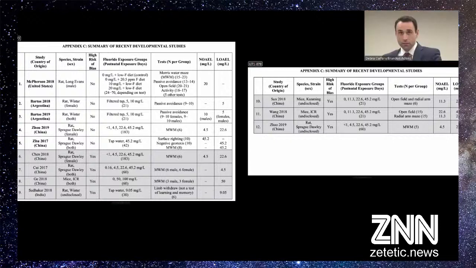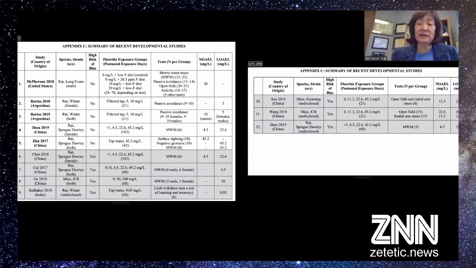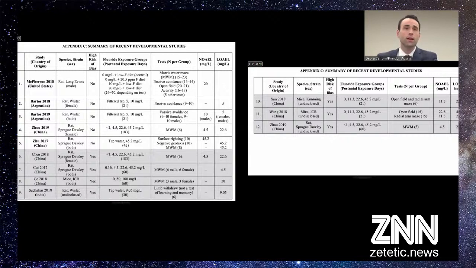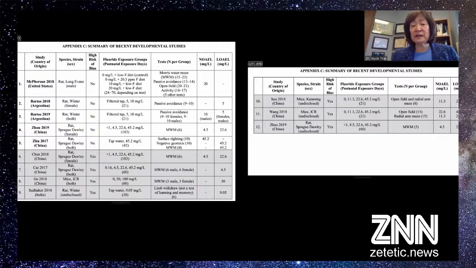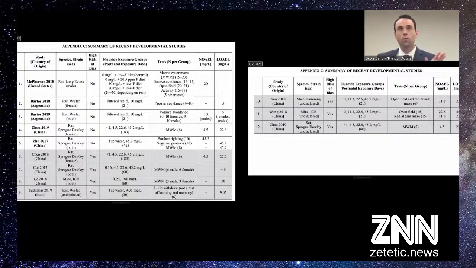And she added Zhang et al. 2014, an earlier study. And that study, Zhang et al. 2014, is not reflected in this appendix, correct? No, because it was reviewed in 2016 by NTP. Now, are the studies that Dr. Thiessen identified reliable for determining points of departure for a risk assessment, in your opinion?